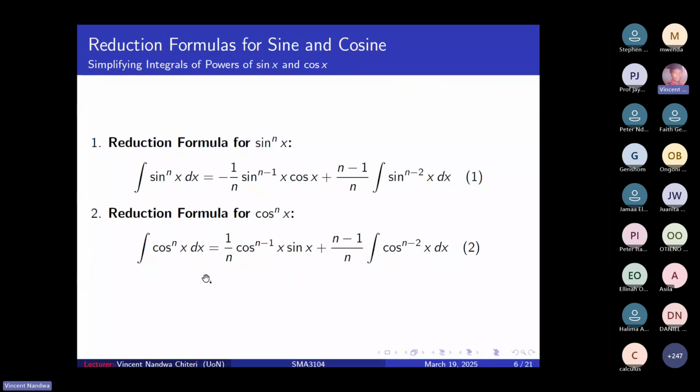So the first step, when you are integrating cos power 6 x dx, you replace n by 6. This is what gives us this first solution.